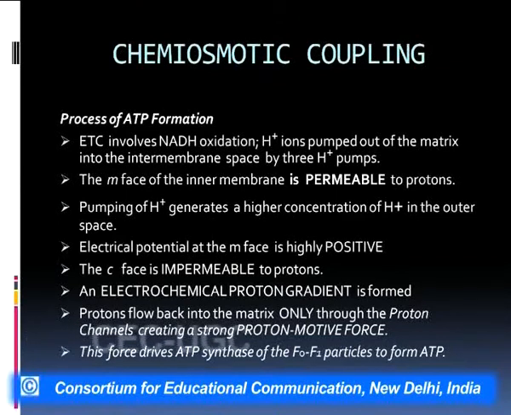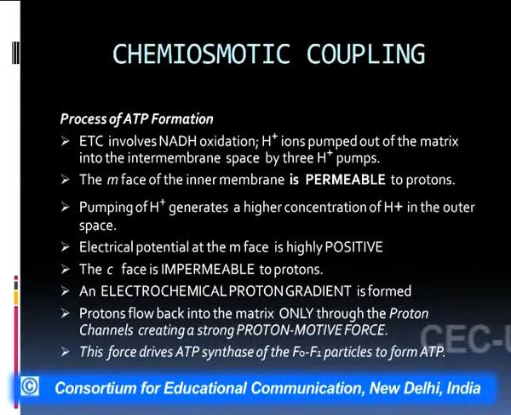So, that means the H ions are first pumped out by 3 pumps. The M phase is permeable to protons, fine, it goes outside. Pumping of the protons generates a very high concentration. The electrical potential now becomes positive and a huge amount of protons are accumulated, but the C phase is impermeable.